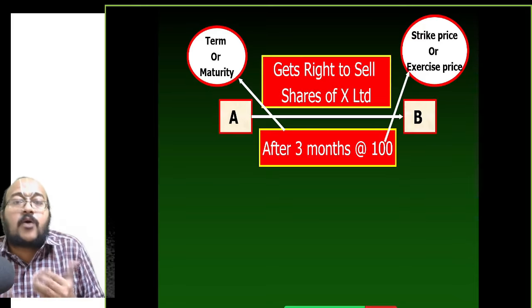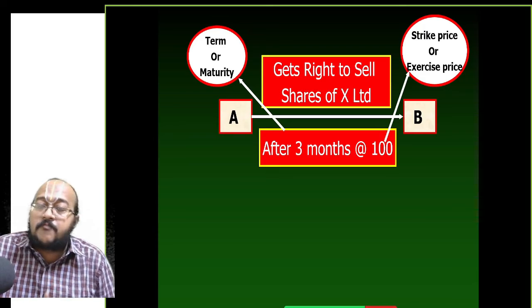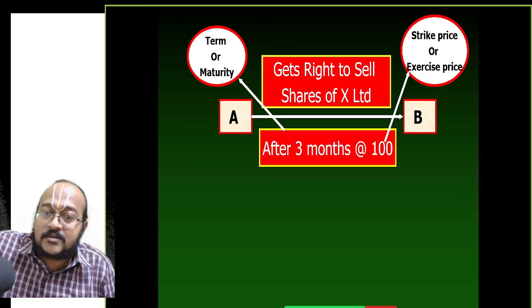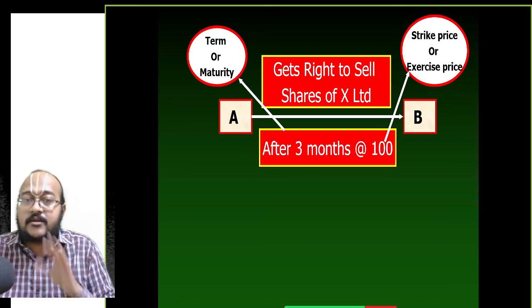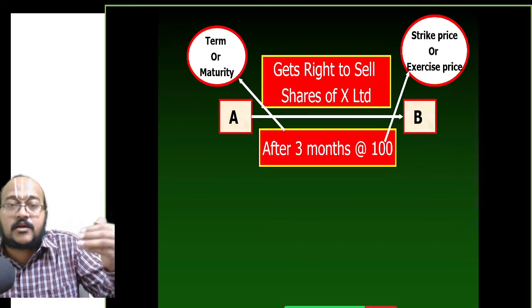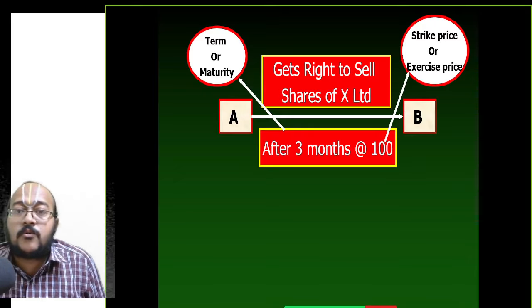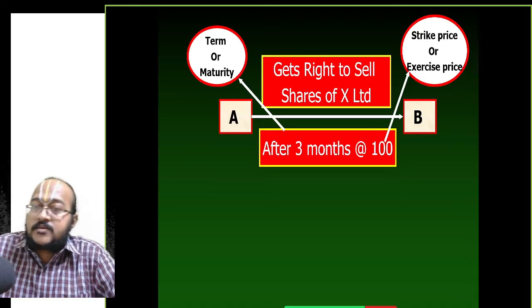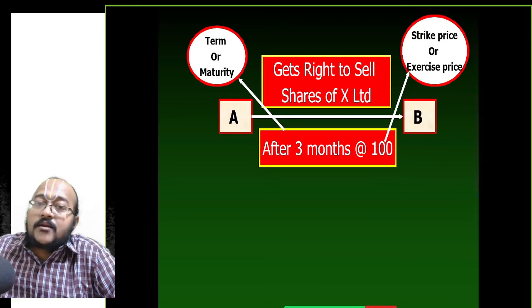In that case, how to get benefit out of a bull market? In case the share price increases, you need to buy the share at a lower price and sell the share at a higher price. Correct? In case the current market price is 75 and you think that 75 will become 100, what will you do? You will sell the shares at a higher price today and buy the share at a lower price tomorrow.